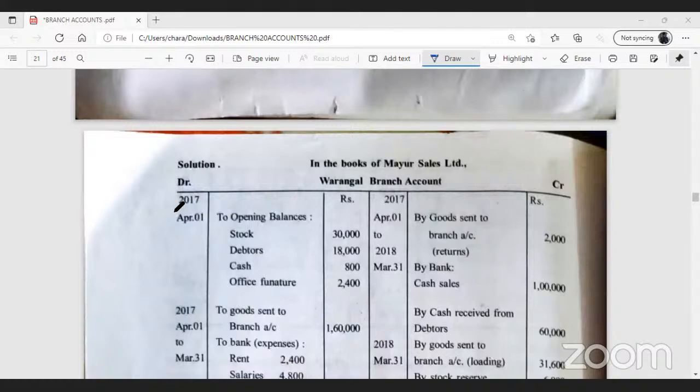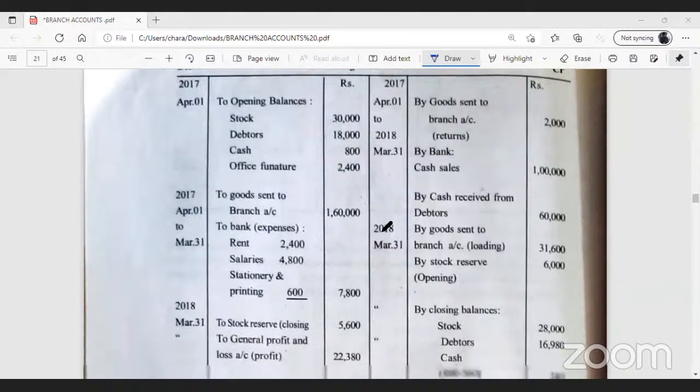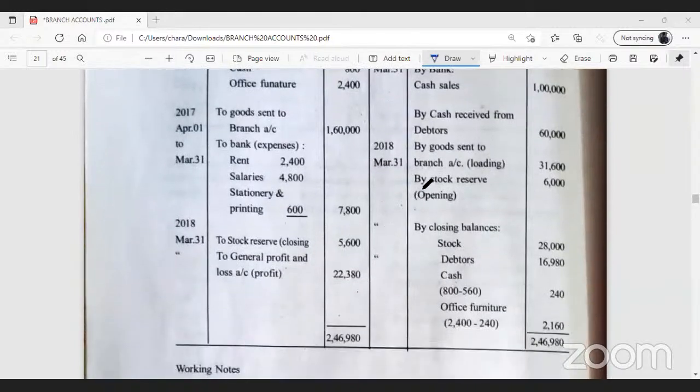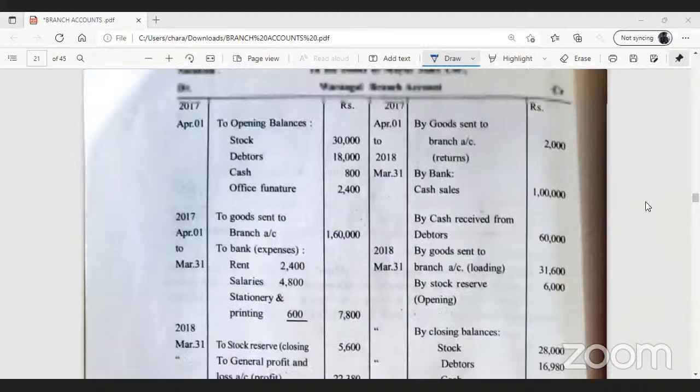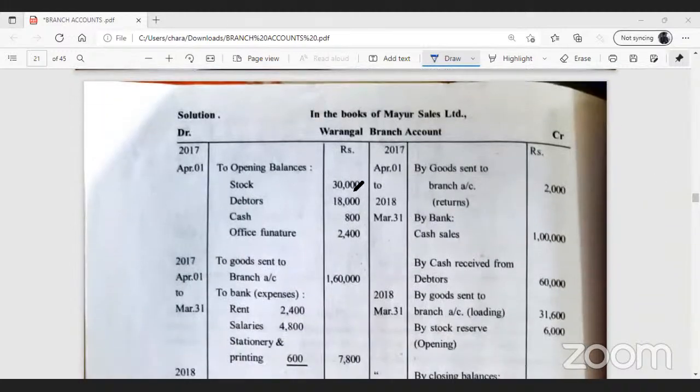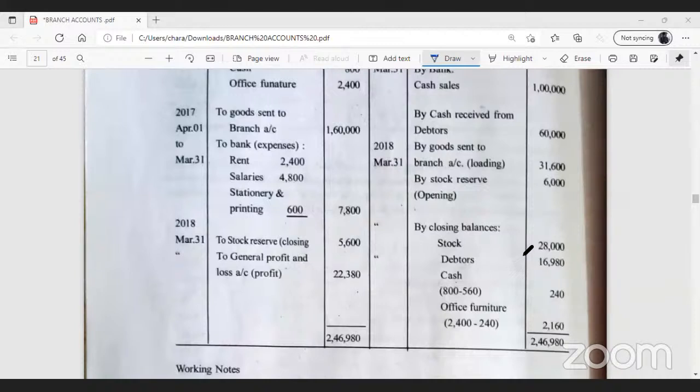Just concentrate here on the present departmental accounts. So independent departments are also similar to whatever I explained in the first one. Only additionally you will get a stock reserve. If you don't know how to calculate the stock reserve, just do whatever you know. It is common posting: opening stock, goods sent to branch, expenses, sales return, goods returns, closing balance of assets.